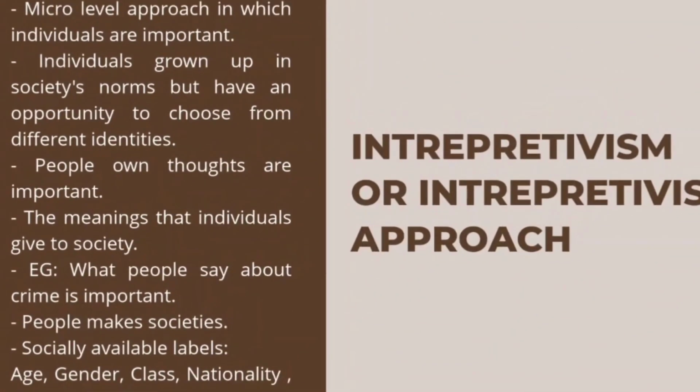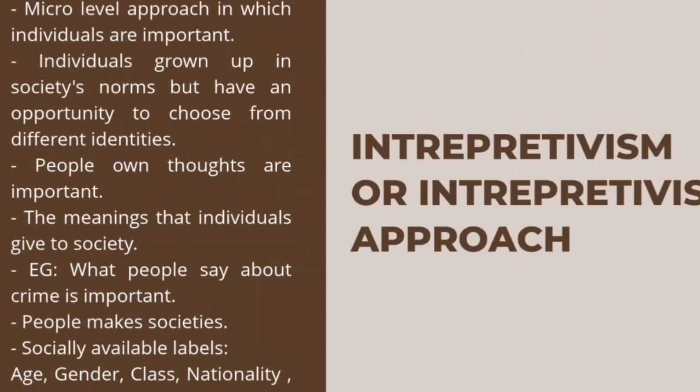Now let's see the interpretivism, or interpretivist approach. It is also called micro theory. It is a micro level approach in which individuals are important. Individuals grow up in society's norms but have an opportunity to choose from different identities. So whenever you are focusing on an interpretivist approach, this is a micro level approach.